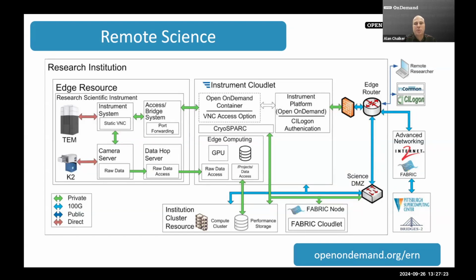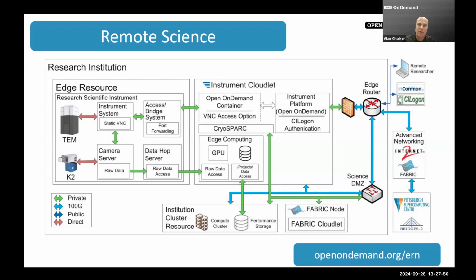There's a consortium of institutions called the Ecosystem for Research Networking, ERN, that has done some pilots and white papers around this type of deployment, where they're showing interfacing with these scientific devices between Open OnDemand and their high-end computing facilities.